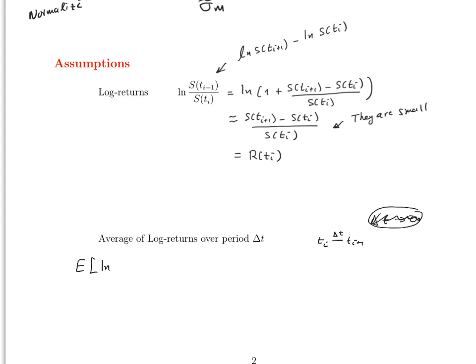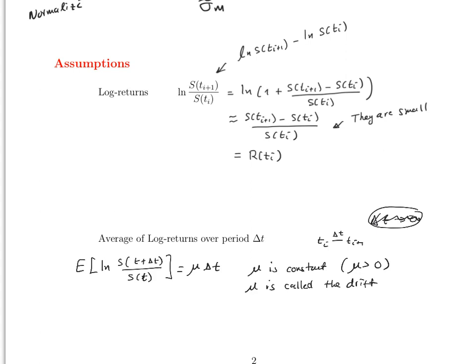Then the expected value of ln of s of t plus delta t divided by s of t is equal to mu times delta t, where mu is a constant, usually positive, and mu is called the drift of the stock.